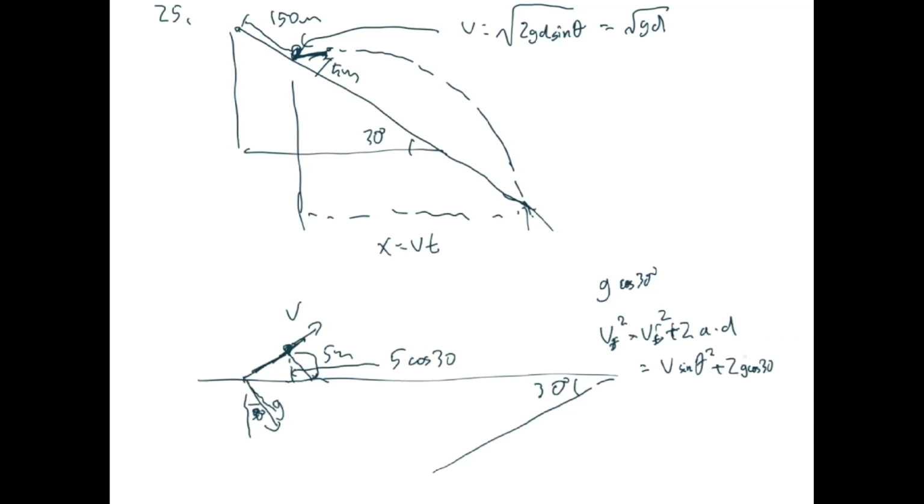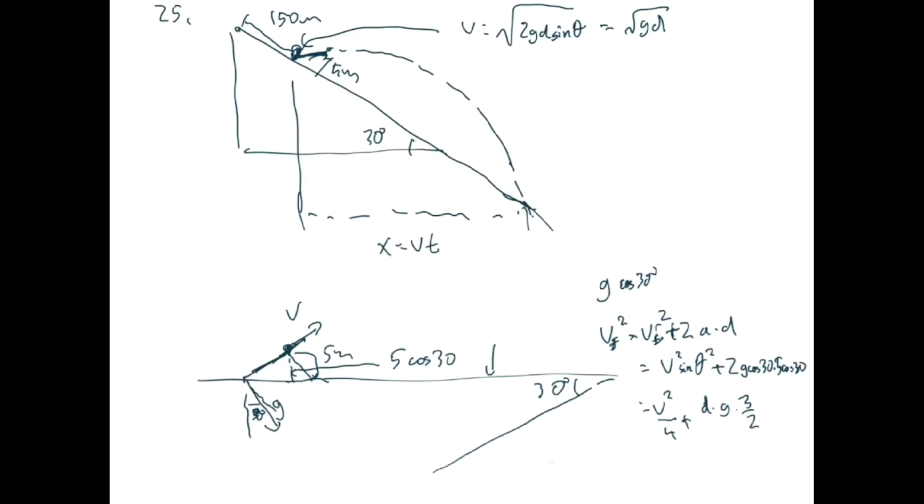And the distance it travels is 5 meters downwards, so this will be 5 cosine 30 downwards. v squared and sine theta should be 1/2, v squared over 4, and d times g, and then 2 cosine squared 30, 3/2.